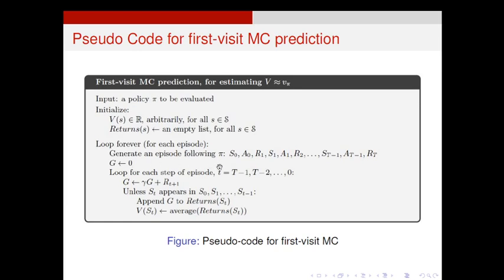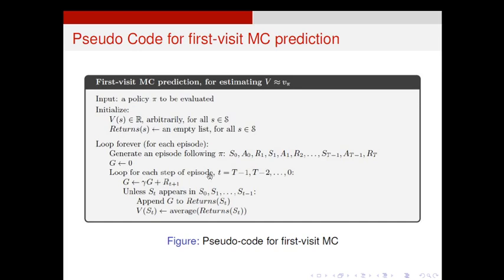Then generate an episode following pi. Using this policy, I generate an episode from s0 to a terminal state, with action a0, reward r1, leading to state s1. Then I take action a1, get a reward r2, move to state s2, etc. Then as usual I start with G equal to 0, initial return equal to 0.